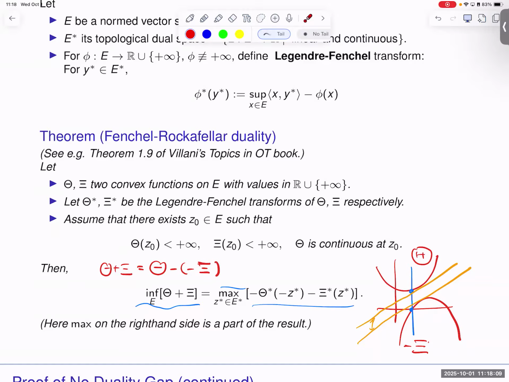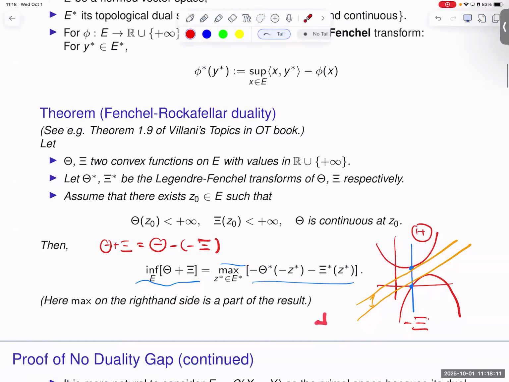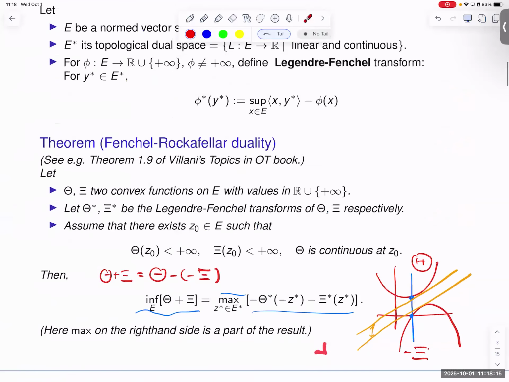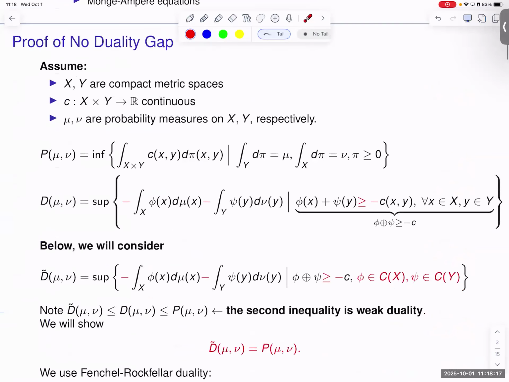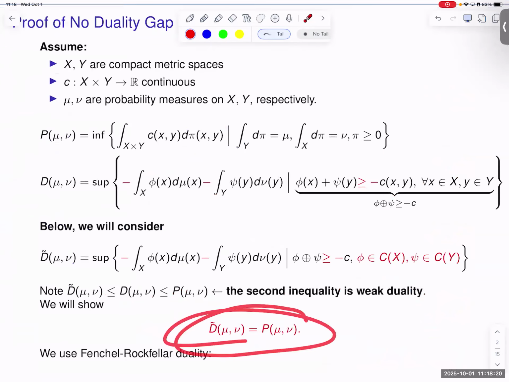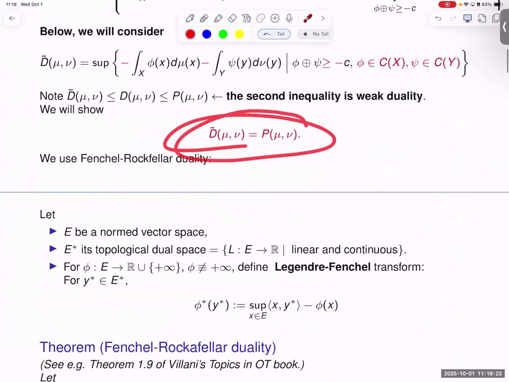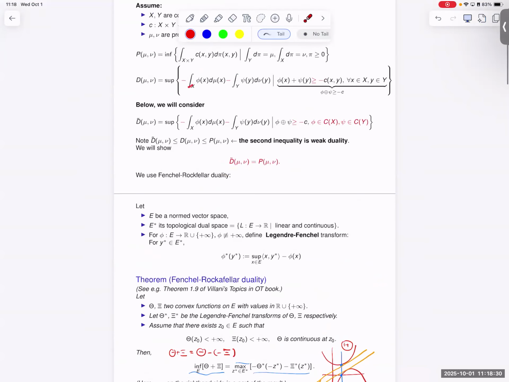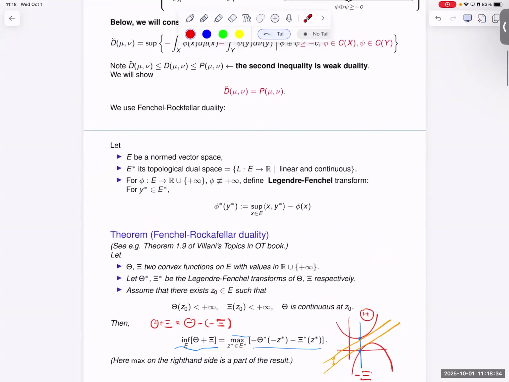So this is a picture illustrating what's going on in Fenchel-Rockafellar duality. Okay, so we established this theorem last time, and now we can use that theorem to prove our no duality gap theorem, this equality. So if you compare these two expressions here and there, we just want to translate these primal and dual problems into this form.